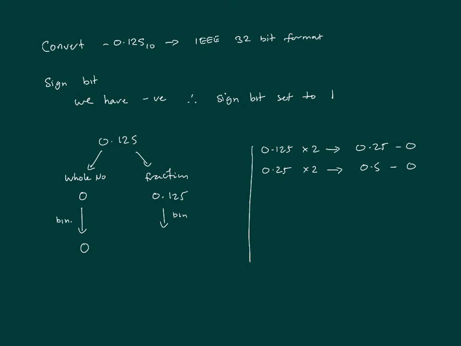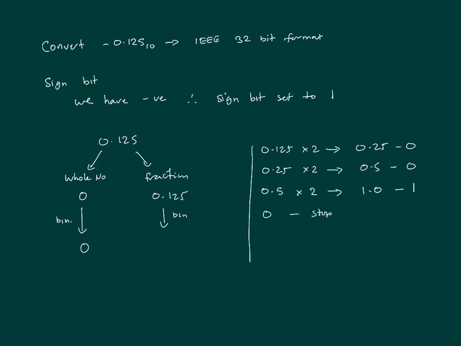Remember, the whole number is this value, so I just copy the whole number bit there. And then subtract, then copy the 0.5, multiply this by 2, that gives me 1.0, subtract 1, so the whole number part there which I copy, and so the result there is 0, and so I stop.